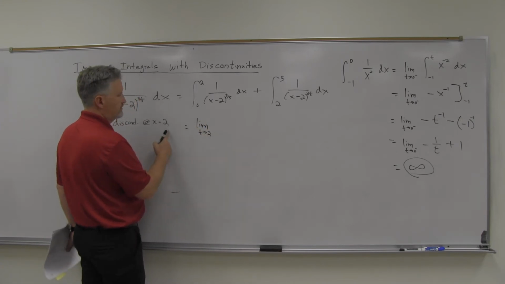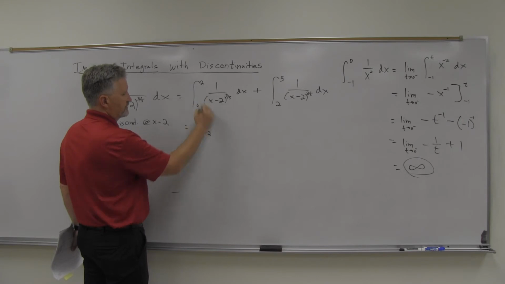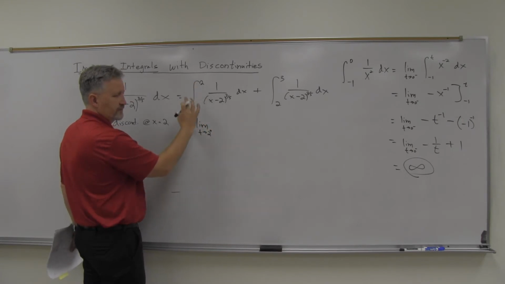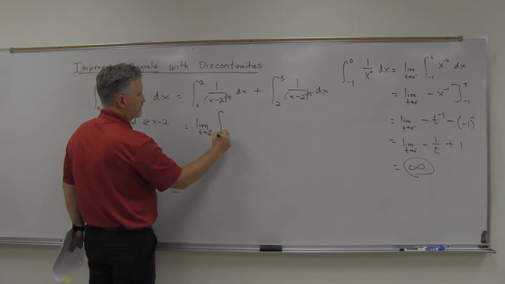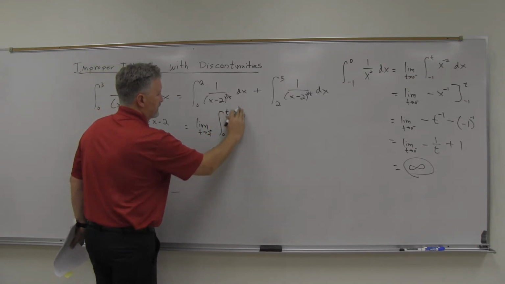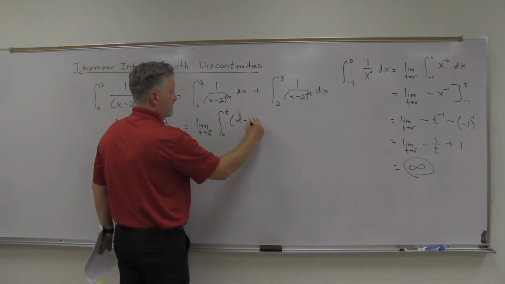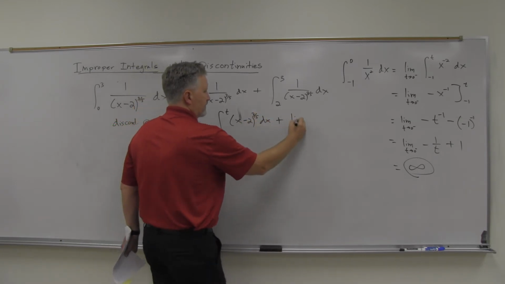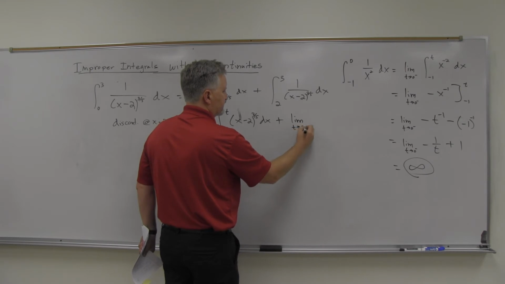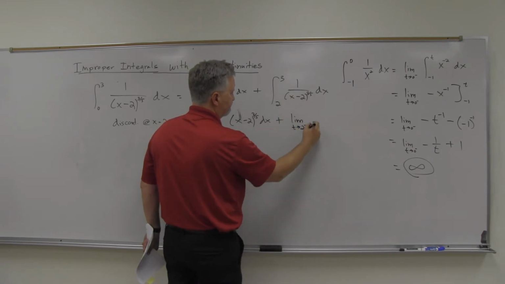So I've got to replace the 2 by t. That's going to be approaching 2 from the right, right? To go 0 to 2, 2 approaches 2 from the right. Let's write that as x minus 2 to the 3/5 because it's just going to be power rule. And then here, the limit as t approaches 2, but it's from the left because you're going from 2 to 3.